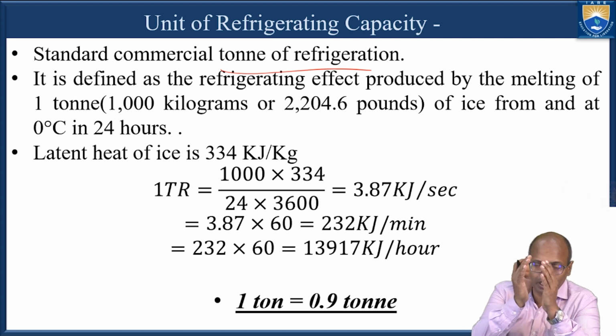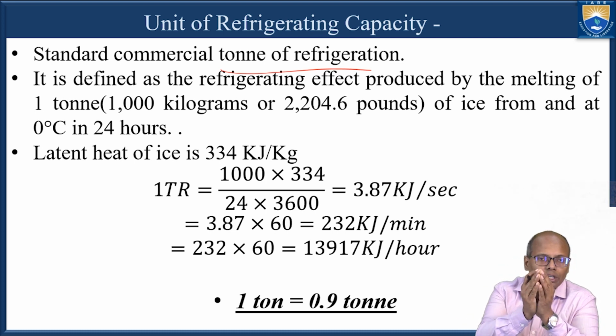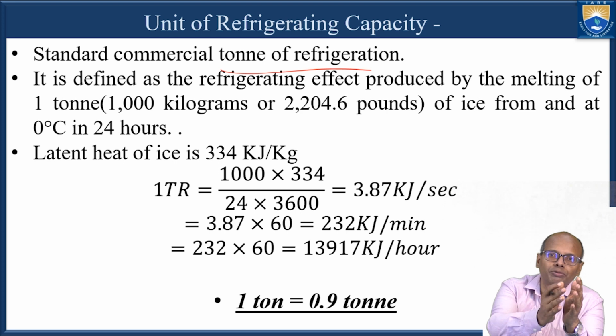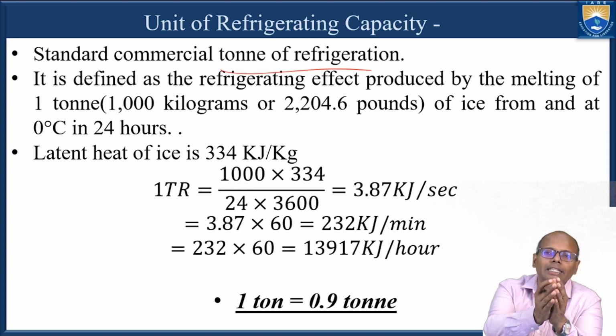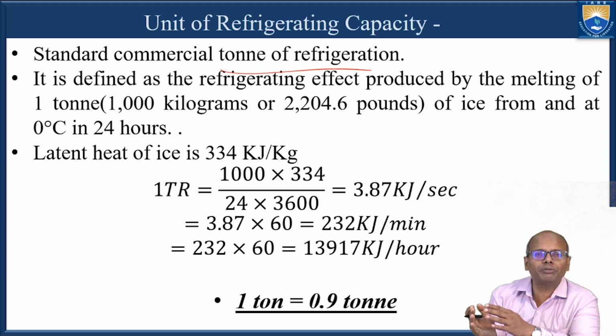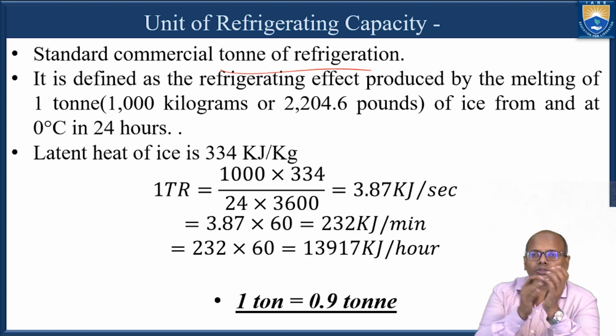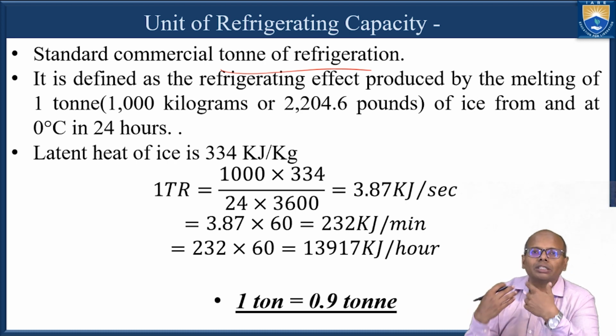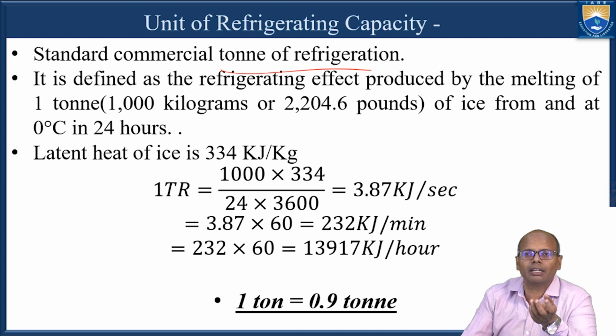We're keeping the temperature constant at 0 degrees centigrade, but before starting it is completely ice, and after 24 hours it is completely water. During that process, the amount of latent heat of ice it is absorbing is called the tonne of refrigeration.